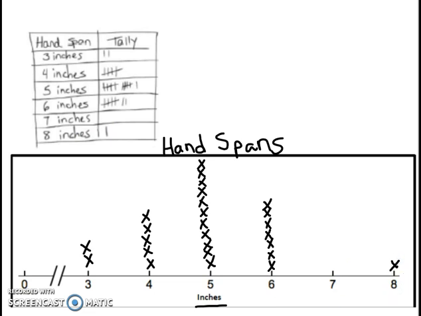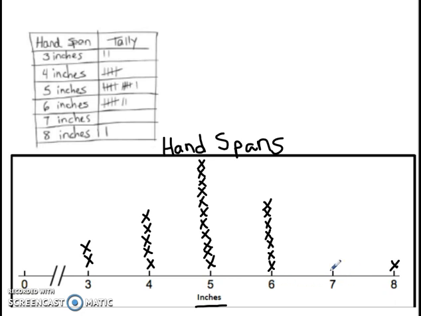So now let's take a look at our line plot. You can very clearly see that most people had a handspan of 5 inches. 4 inches and 6 inches were the second largest. So we can say that most people have a handspan between 4 and 6 inches from our data sheet.